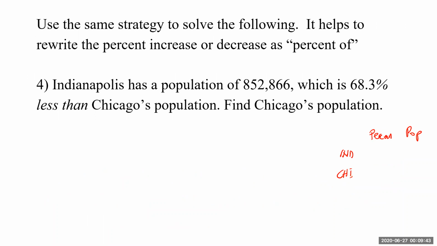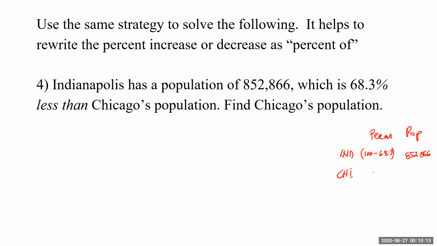Indianapolis has a population of, so I'll put under population of Indy, 866, which is 63.3 less. So it's 63.3 less, so I have to take away from 100.